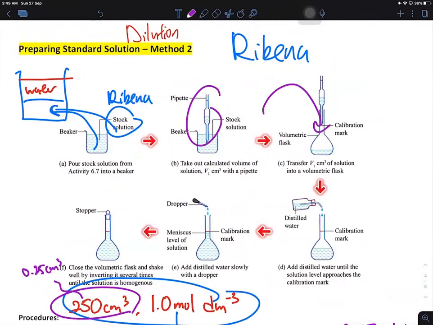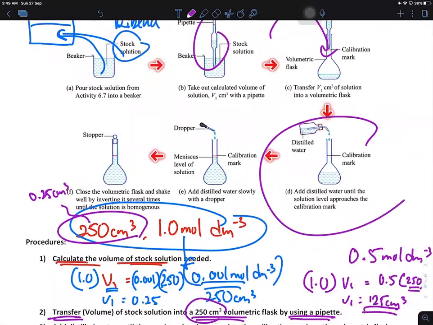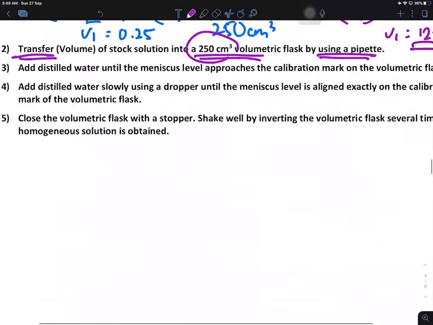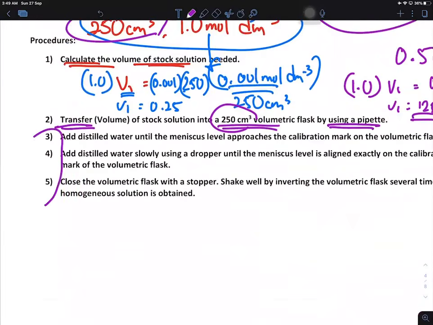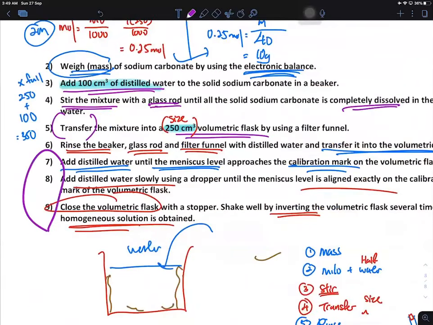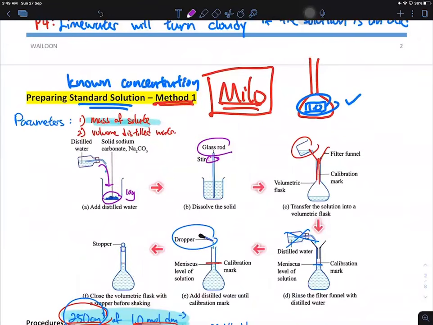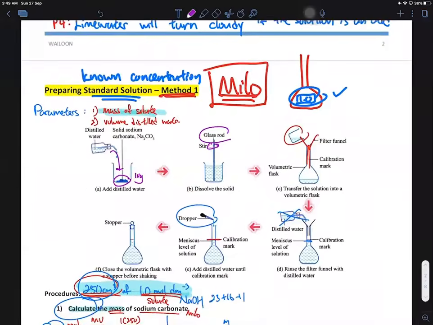After the pipette, what do you do next? Add water. Basically, steps 3, 4, 5 are the same as the last 3 points over here. Because you got the correct amount of Ribena already, you just add water.